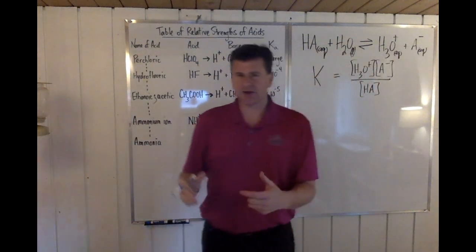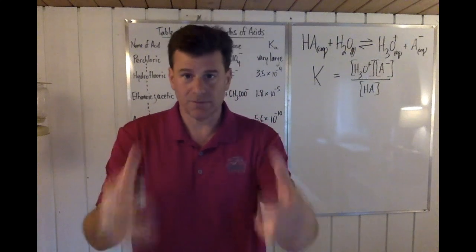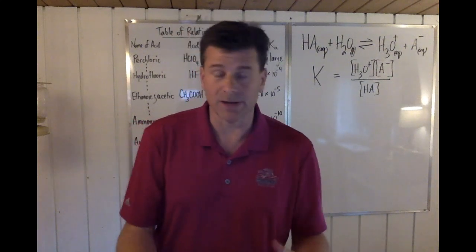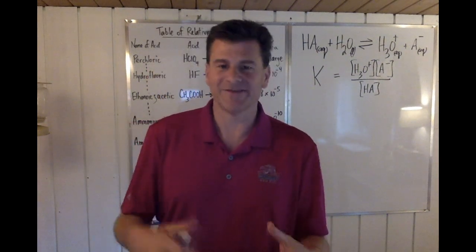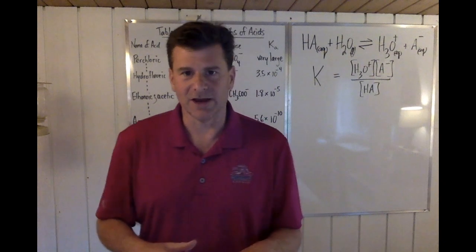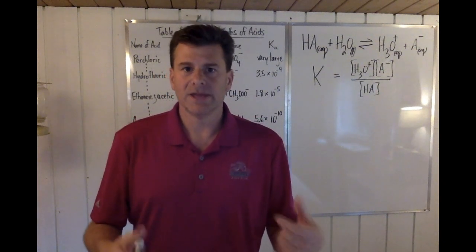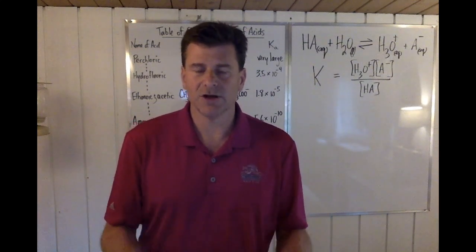Now remember, these are concentrations at equilibrium. So once you throw the HA into water, it does its thing and it gets to equilibrium. So all of that reaction kinetics and equilibrium stuff that you talked about way earlier in the year. Once it reaches equilibrium, the concentrations are not equal to each other, but they remain constant.